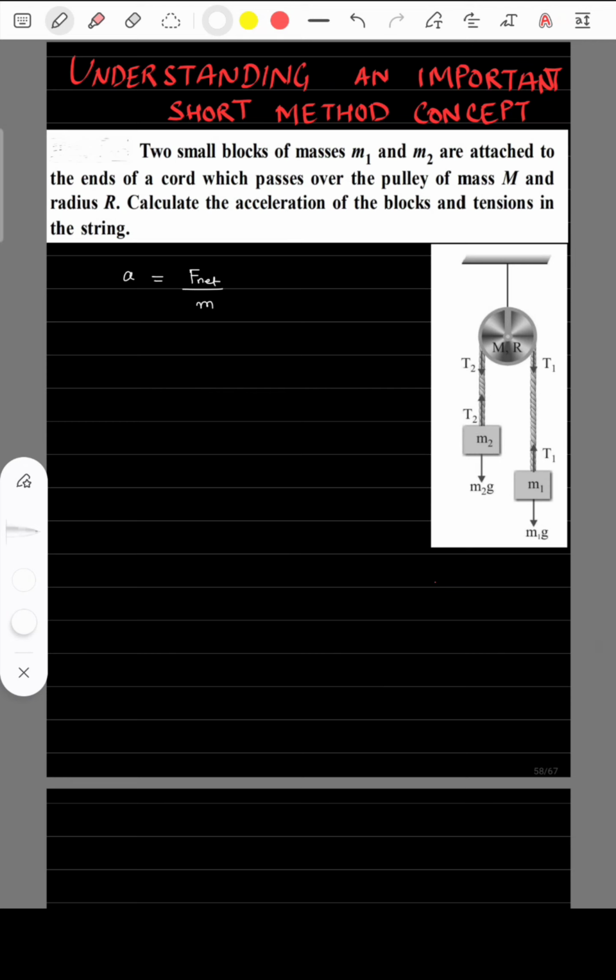So let's do that in a quick way. What we will do, we will find T1 and put it here. So simply we can write m1g minus I a by R square minus T2 equal to m1a.